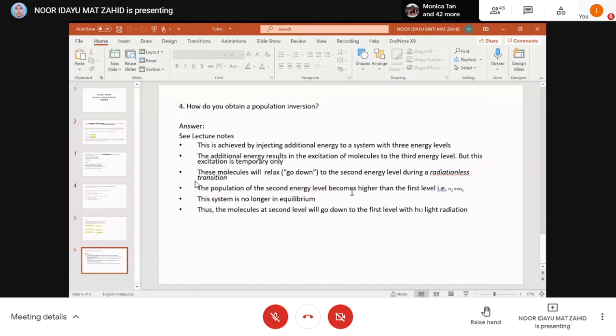Only in this condition does the second energy level have higher population than the lower energy level, and the system is not in equilibrium. The molecules at the second level will also eventually go down to the first level with radiation of h nu light.